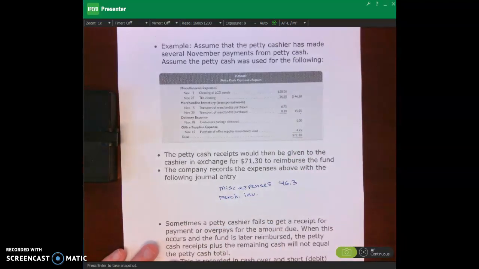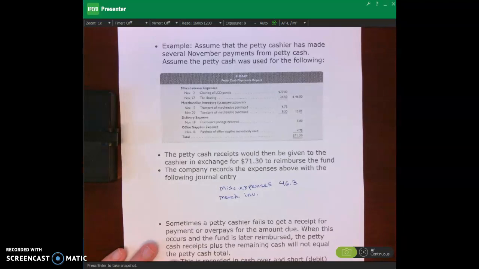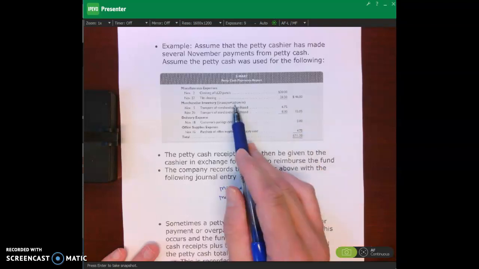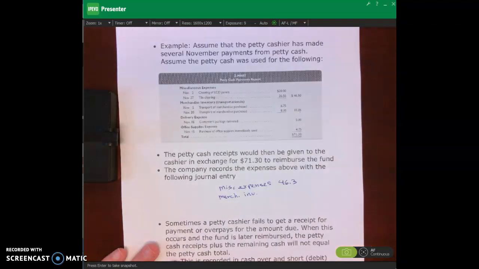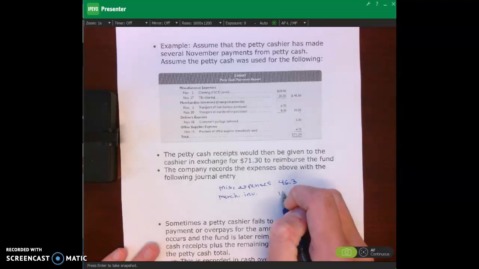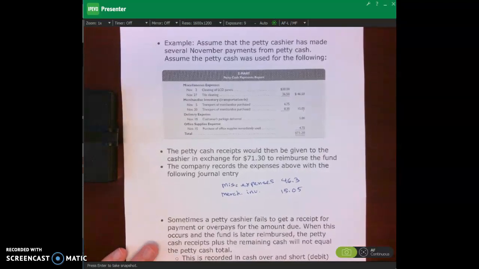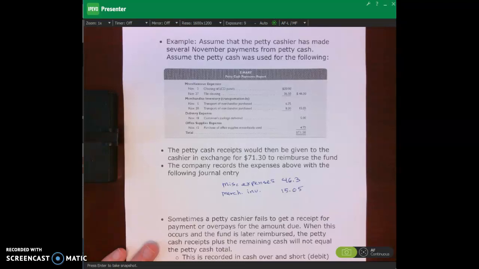Remember what we talked about back in Chapter 5, when we talk about the cost basis for merchandise inventory, we're talking about the cost of the merchandise inventory that you purchased, plus any normal and reasonable expenditures to get it ready for sale. So in this case, paying for transportation in is normal and reasonable. And so we would add that to the cost basis for merchandise inventory. So debit merchandise inventory, $15.05.